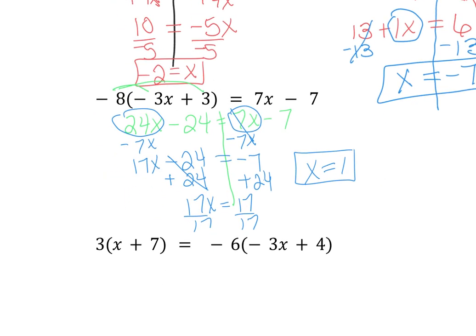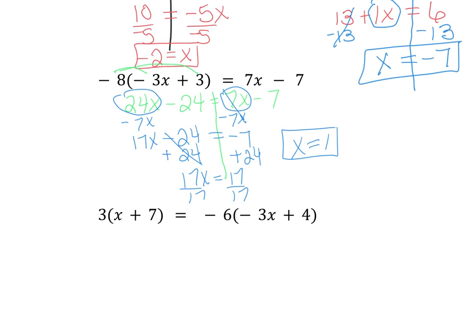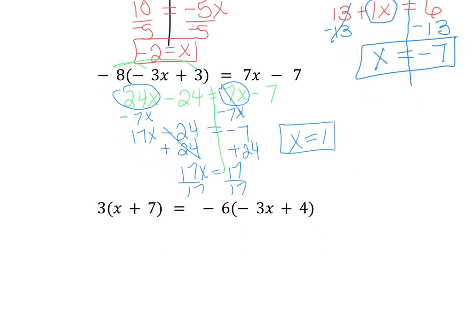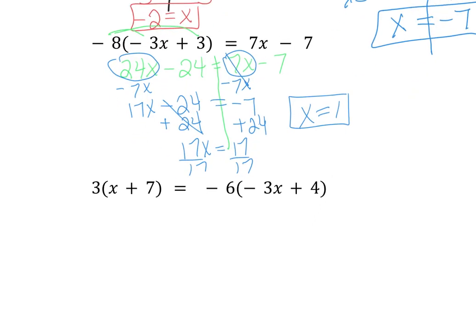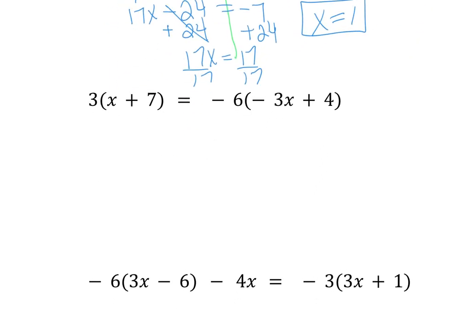Okay, and again, we just keep adding some more things to each one of our problems as we move along here. This next one, if you notice, we've got distributive property on the left and distributive property on the right. So our first step is to distribute on both sides.